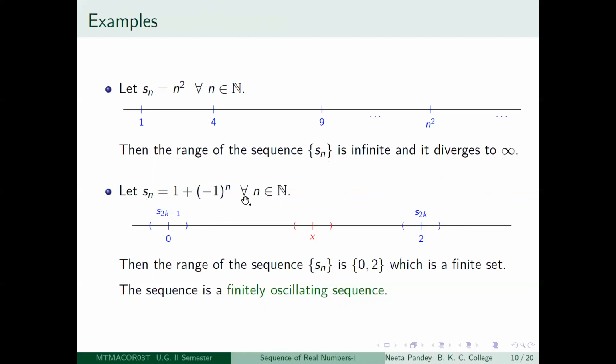So this sequence will have its range as a set consisting of only 2 points, because those are the 2 points which are the values of the sequence terms. So you just get the range as 0, 2, which is a finite set. Therefore, it is a bounded sequence, no problem.